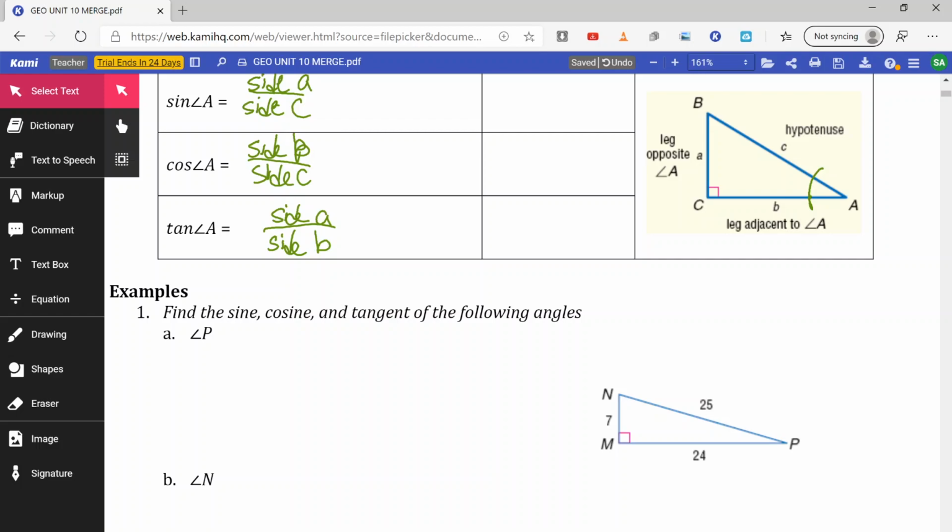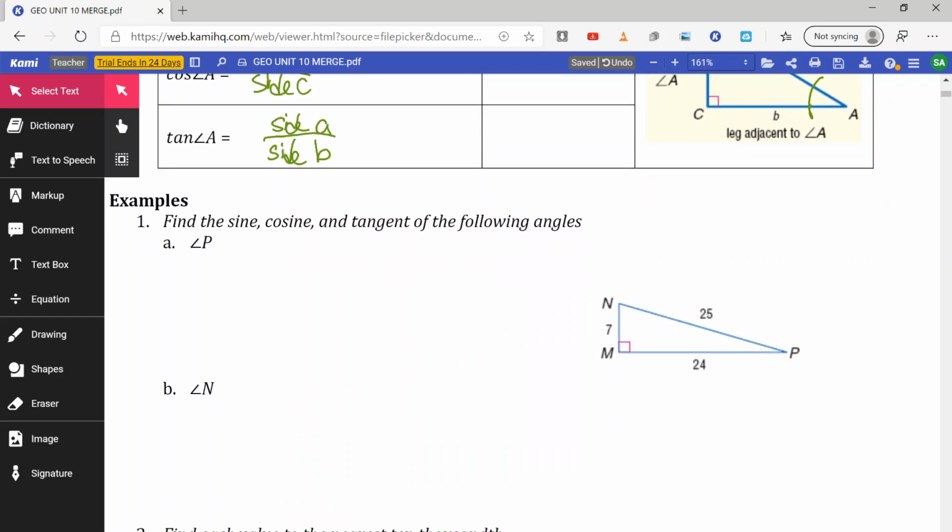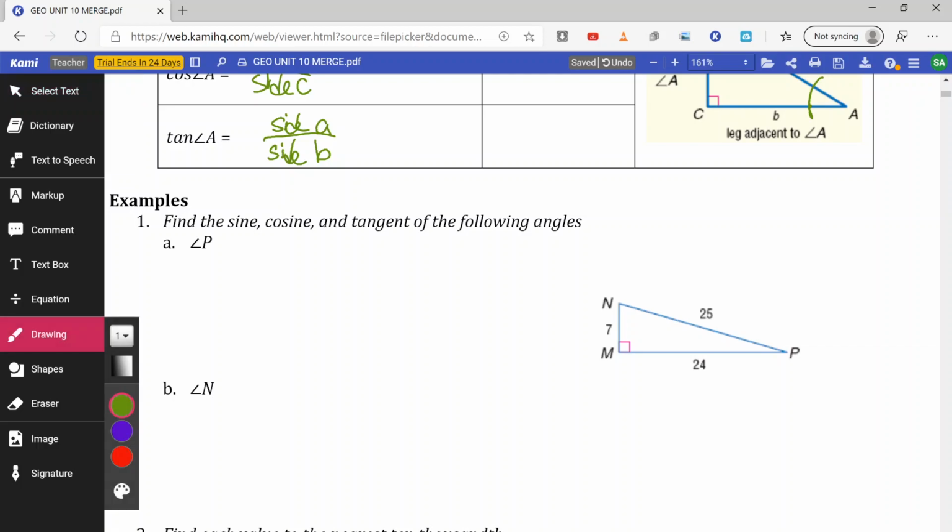So we need to find the sine, cosine, and tangent of the following angles. Angle P is our first one. Sine of angle P is opposite over hypotenuse. Opposite would be 7, over the hypotenuse across from the right angle, 25.